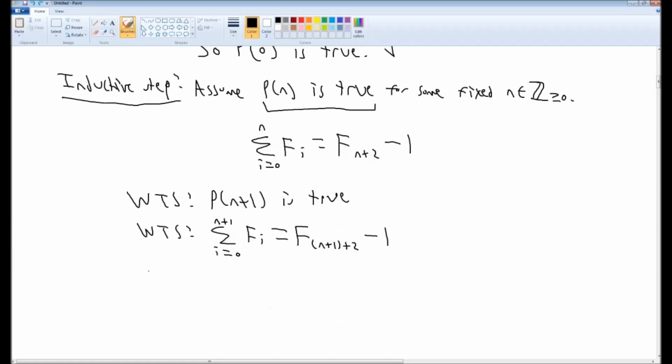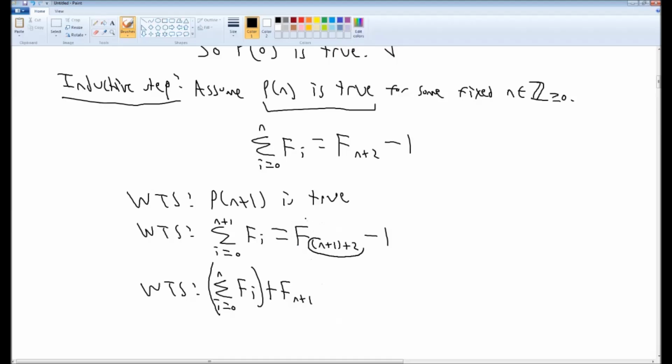So how do we do it? Well, we can rewrite this by simplifying. If you add all the terms from 0 to n plus 1, that's the same as first adding all the terms from 0 to n, and then adding the n plus first term, right? Then also this guy we can simplify.